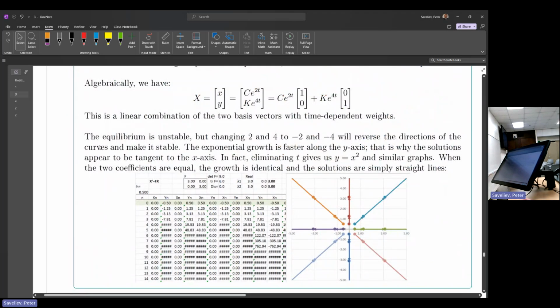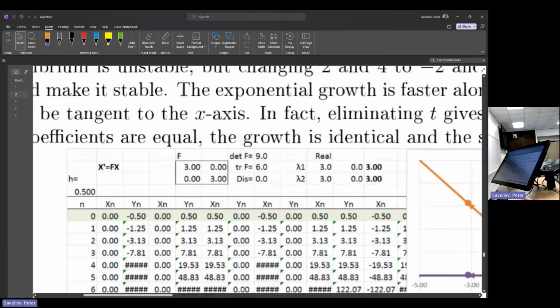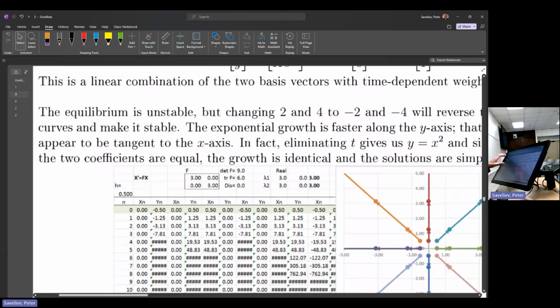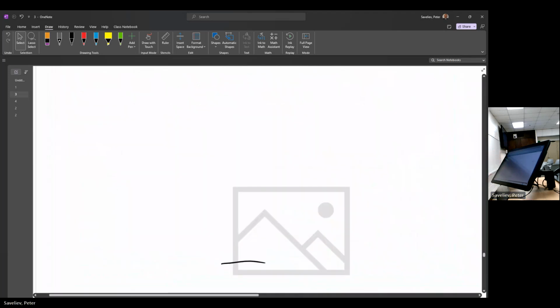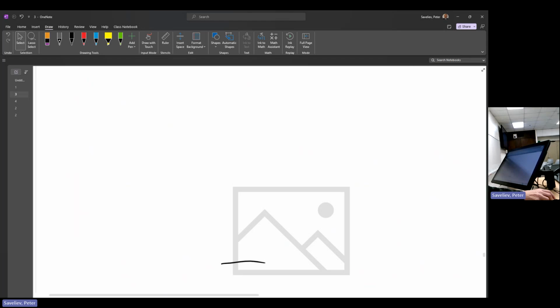So 3, 3 is the proportion, like I said, straight lines. When this is the matrix 3, 0, 0, 3, then the eigenvalues are equal, and everything develops along a straight line. So it's once again a flow of a function.